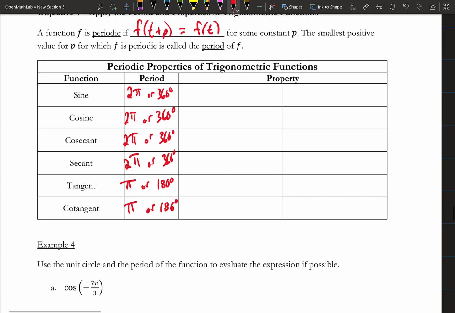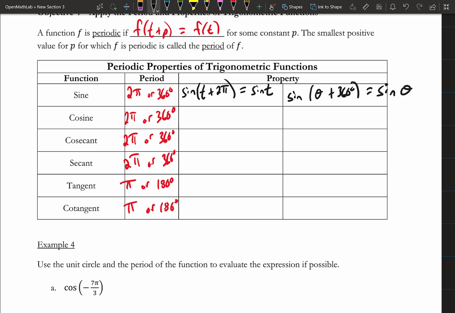Then what we could fill in by thinking about this periodic property is, if I have sine and I take t plus the period 2 pi, this is just going to be equal to sine of t. We could also write this using degrees, and I'll use theta instead of t. So we could say sine of theta plus 360 degrees is equal to sine theta.